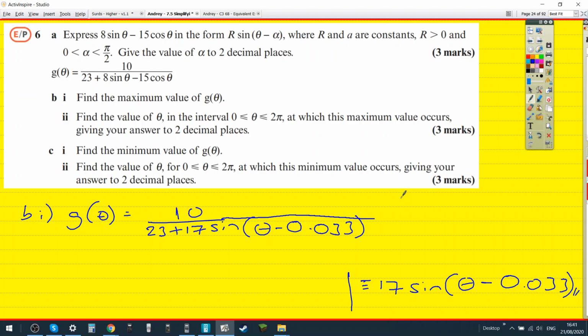So what would be the maximum of our answer for the first one? When you say the first one, do you mean the first answer from 6A? Yeah, from part A, what's the maximum?